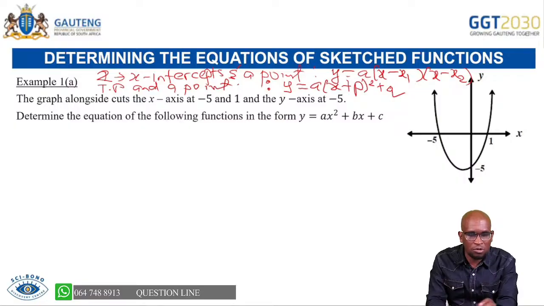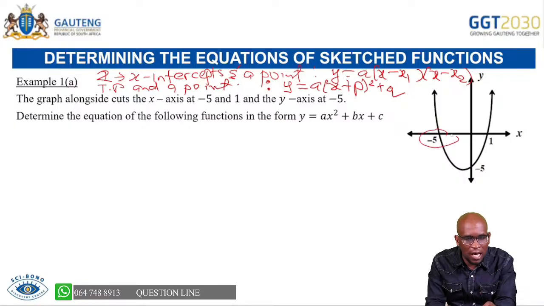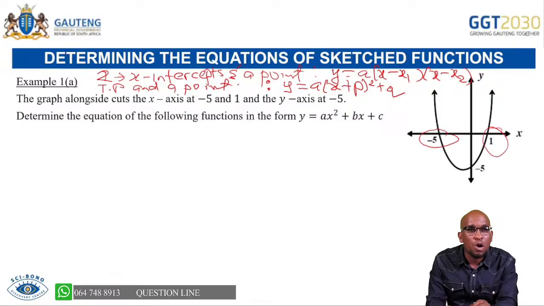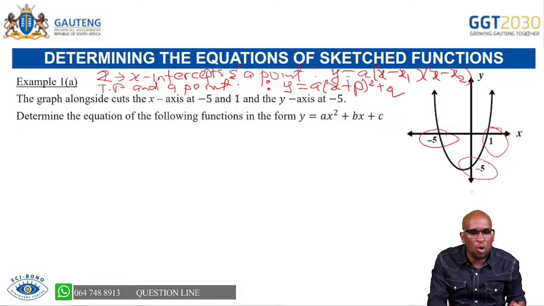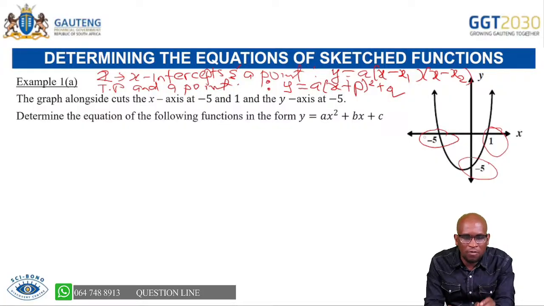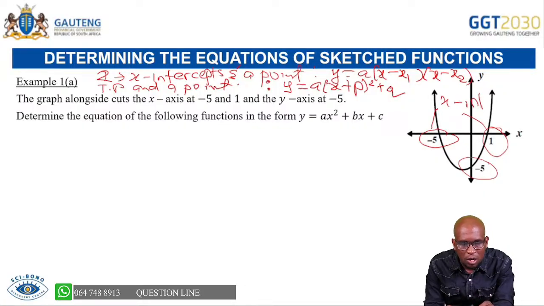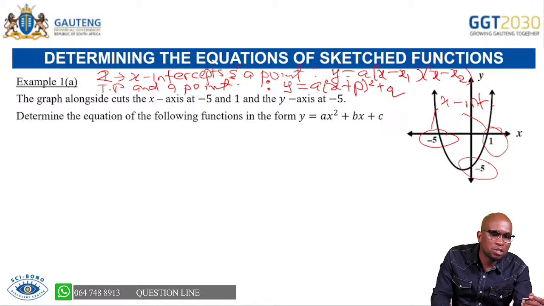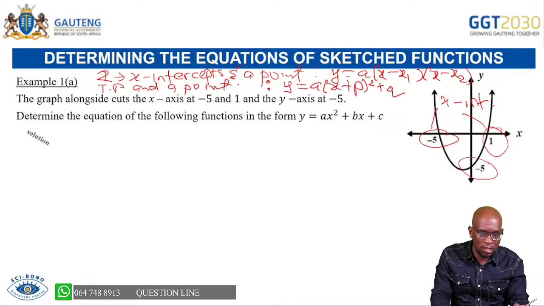Right, let's look at this one. If you check here, you are given the x-intercept -5, you are given the x-intercept 1, and you are given a y-intercept, which is the additional point. So because you are given two x-intercepts, you are going to be using the dual intercept form. So let's look at that now.